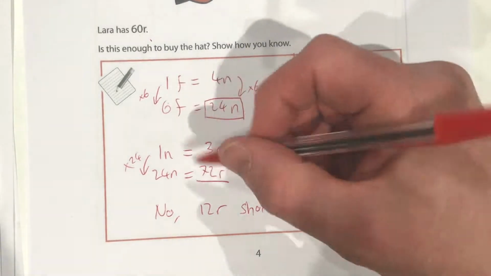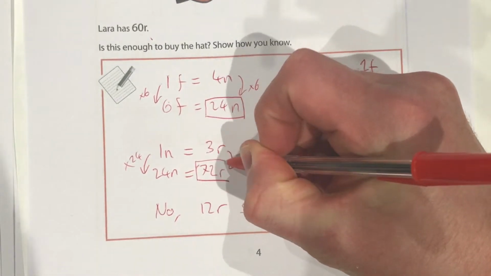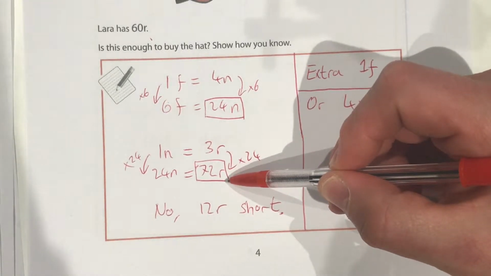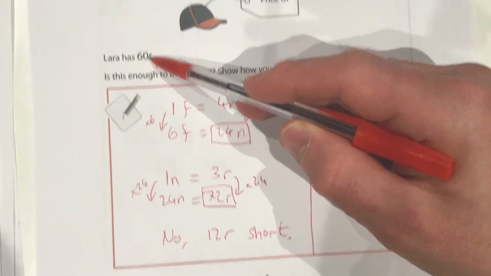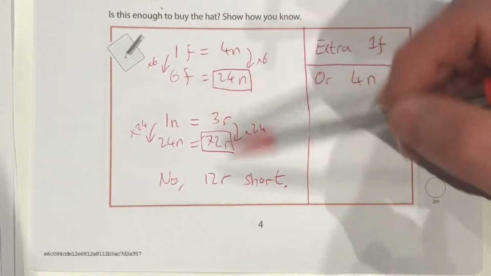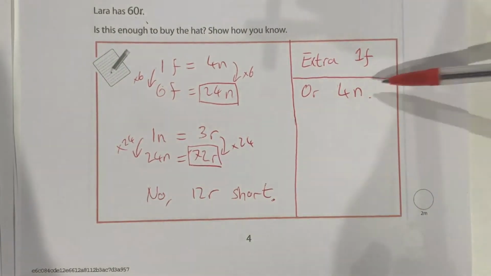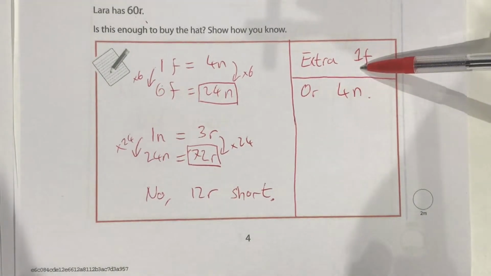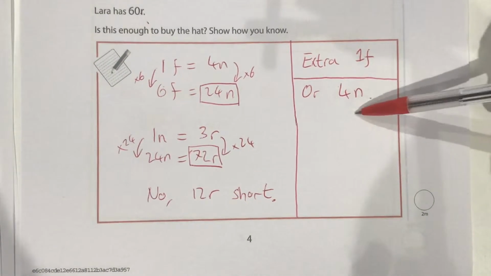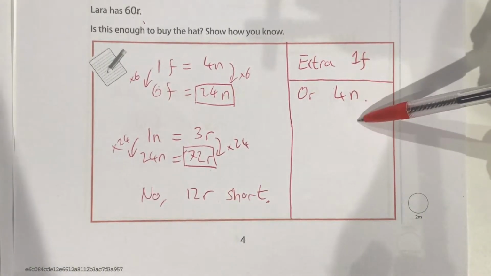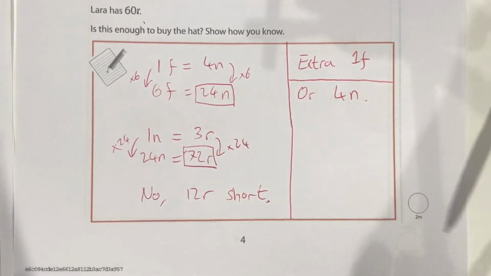So I know now the hat actually costs 72 Rs. But Lara had, if you look up here, 60. So does she have enough? Well, no, she's 12 Rs short. Now, if you compared it any other way, you would have found you need an extra 1F or 4N. So either way you've done it, you should have those two answers if you compared it the other way.